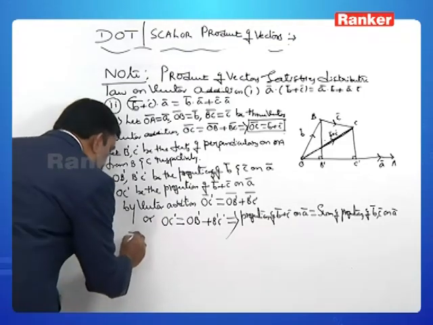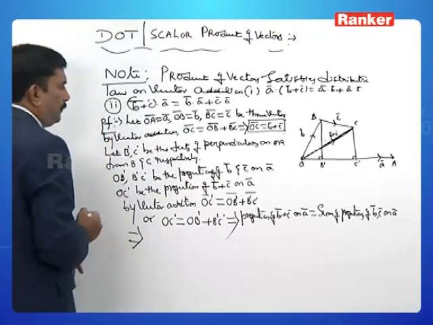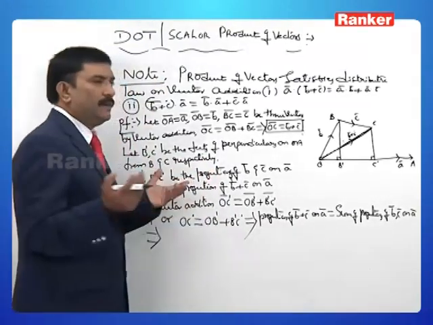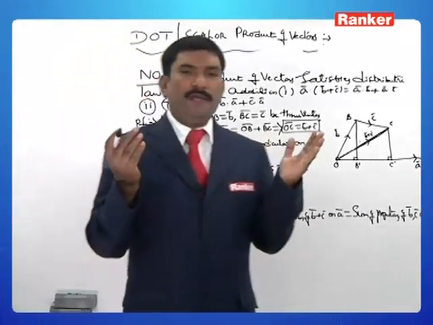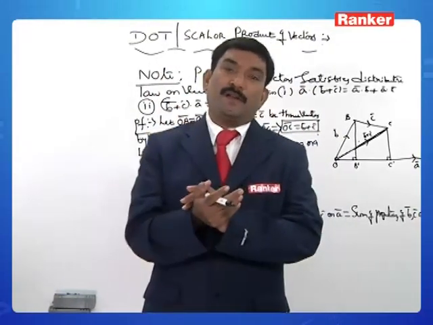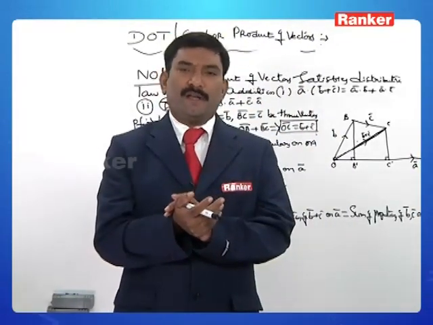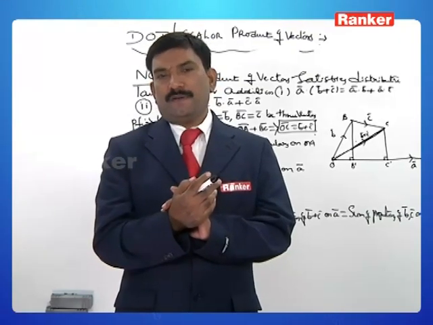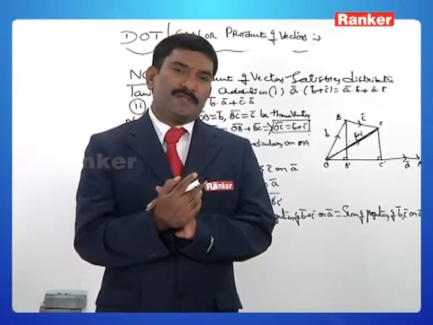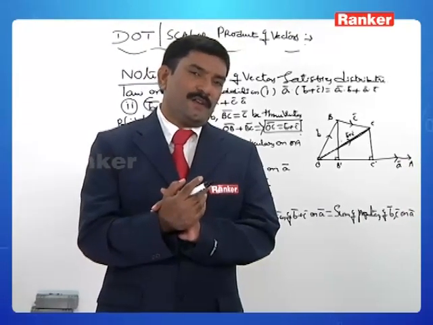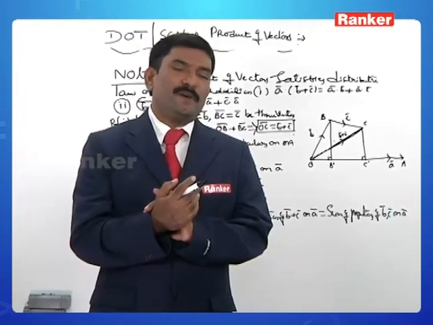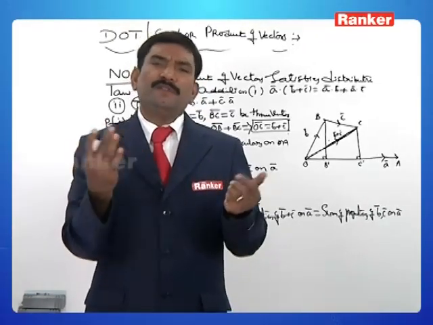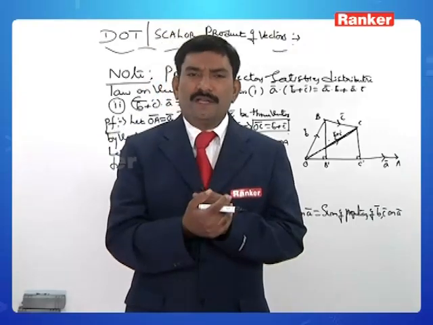Now I can write, as I told earlier, the projection of A bar on B bar, the denominator must have B bar, is A bar dot B bar by modulus of B bar, or the projection of B bar on A bar is A bar dot B bar by modulus of A bar. A dot B is equal to B dot A. Wherever you want, you can take it.